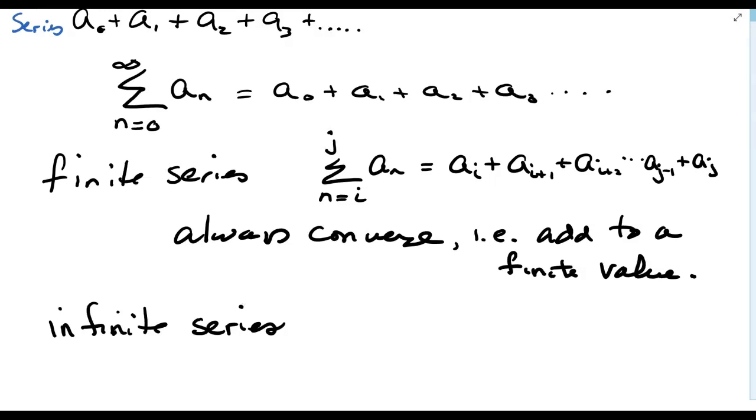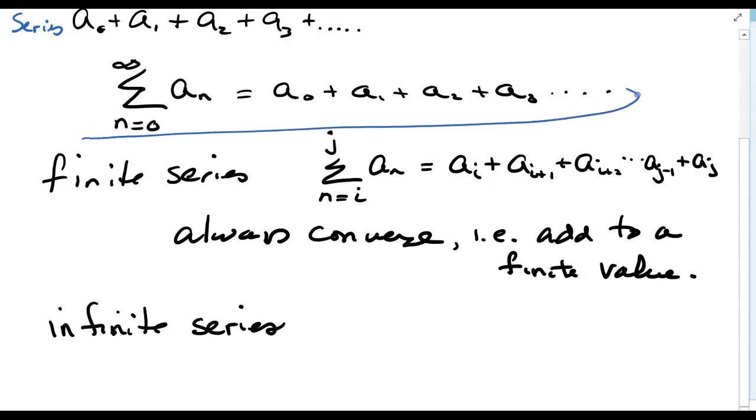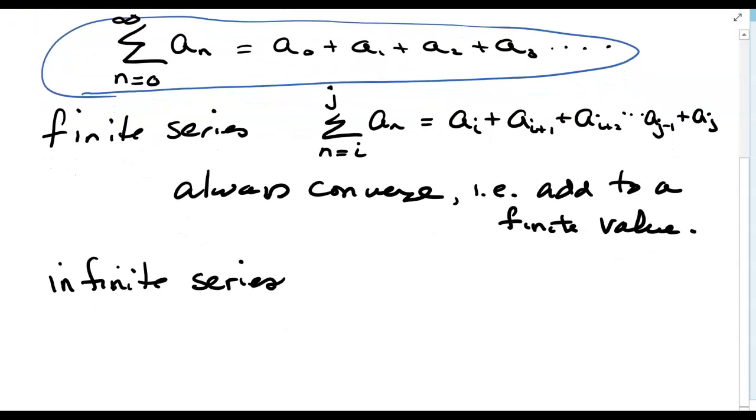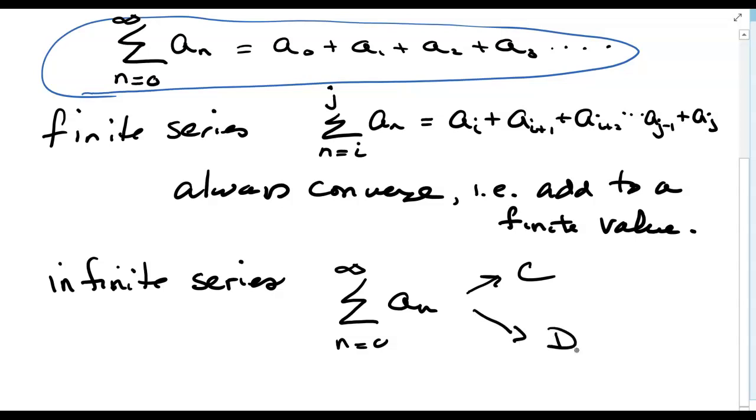Which I have, of course, already posted up here. That's your infinite series. Now, we will utilize what we learned with sequences to determine this, but an infinite series, as n goes from 0 to infinity, of a sub n, will either converge or diverge.